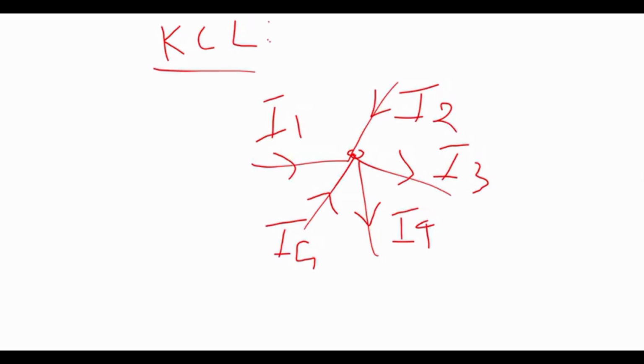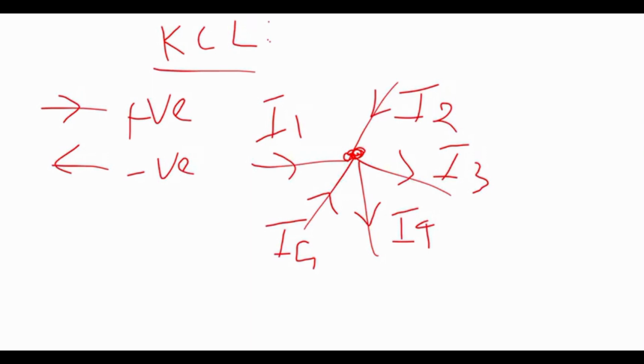According to the statement, the algebraic sum of the currents will be equal to 0 in the case of KCL. The entering current will be taken as positive and the leaving current will be taken as negative. At this particular junction, I1, I2 and I5 are the entering currents, so all are positive, and I3 and I4 are the leaving currents.